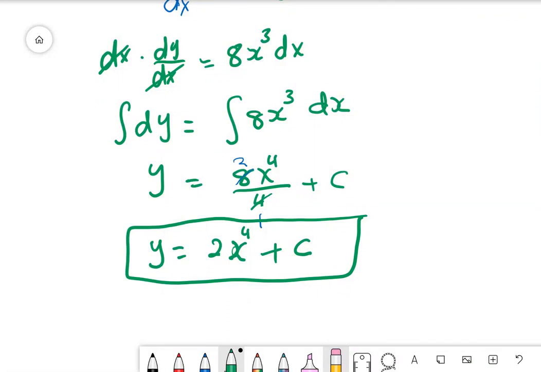That's the general solution. So for you to do, you can do B, C, D. And I will do question E for you.